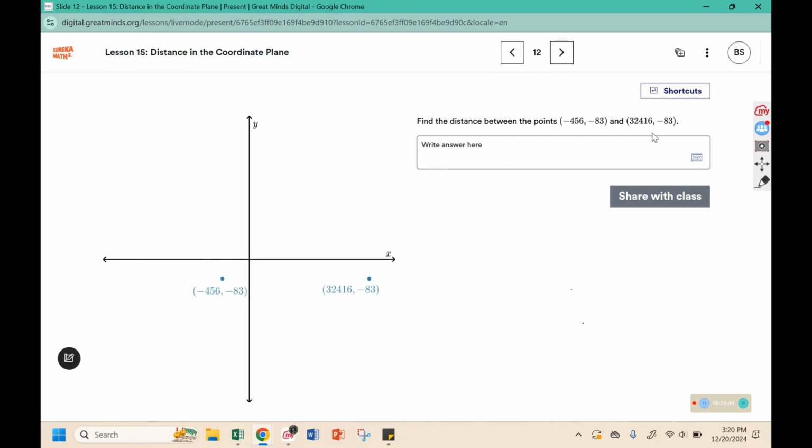Find the distances between these two. First, we're going to cross off the things that are the same, and we're looking for whether these are in the same quadrant, which you can see they are not. If they are not in the same quadrant, we add their absolute values together.